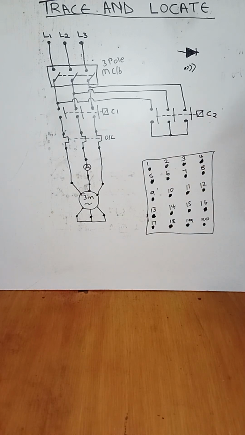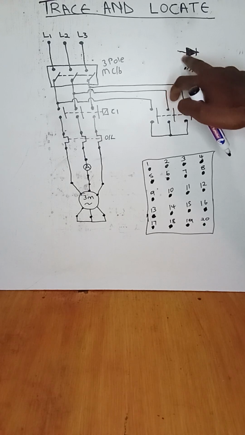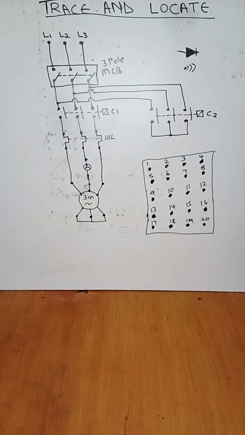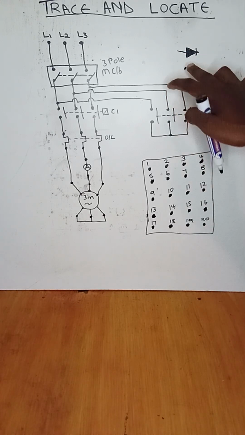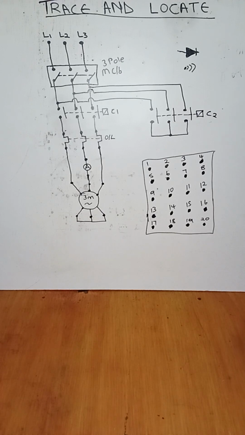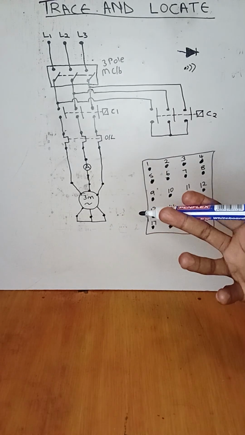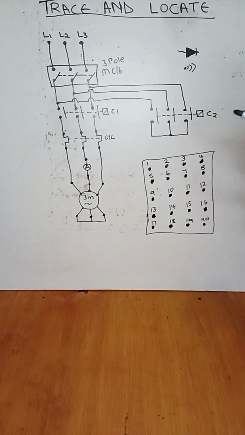So that's the symbol of continuity test. It will have this symbol and also this symbol. This symbol shows that it has to beep. There will be a sound when you test your wires. When your wire is present from where it starts to where it ends, that's when it will beep.